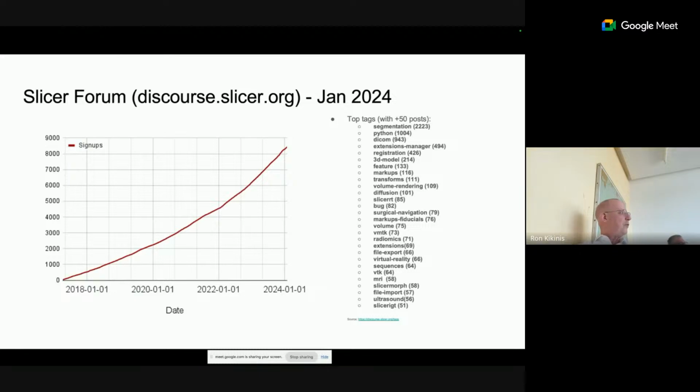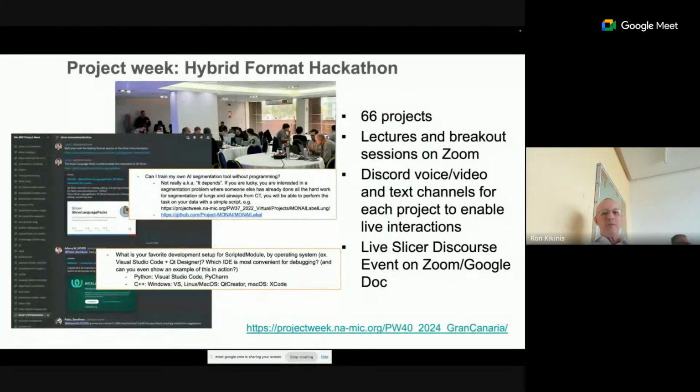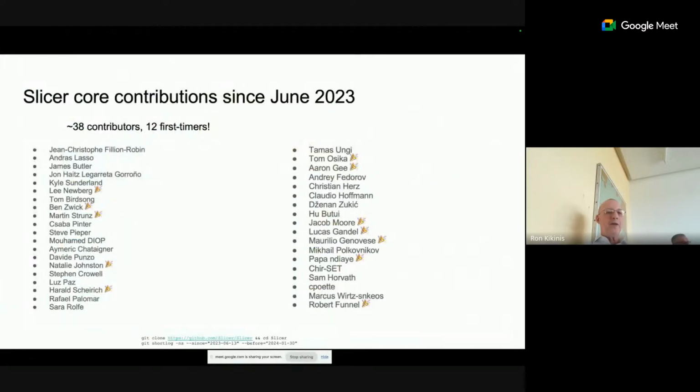The forum, which is the electronic way of communicating with posting questions and answers, has seen a lot of traffic, and as you can see, the curve is pointing upwards in a nice way. Project week, I'll skip, and this is also an important slide.